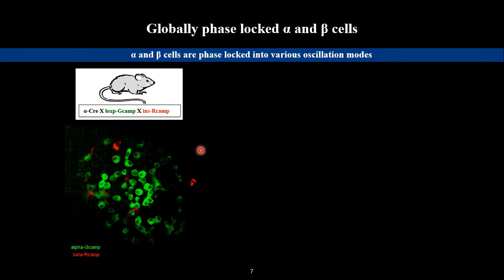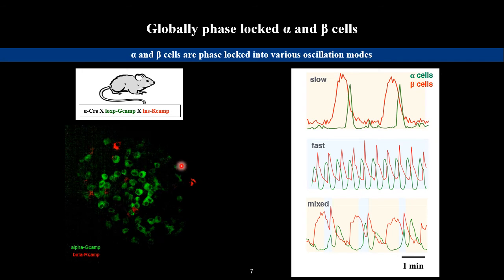We found under glucose stimulation, alpha and beta cells are globally phase-locked and show alternating oscillation activity. Later we realized this phase-locked alpha and beta pattern is generally true among the slow, fast, and mixed islets. So the phase-locking pattern is independent of the oscillation period.